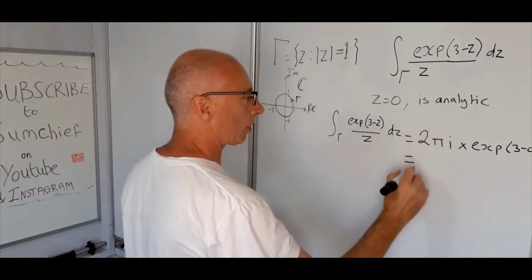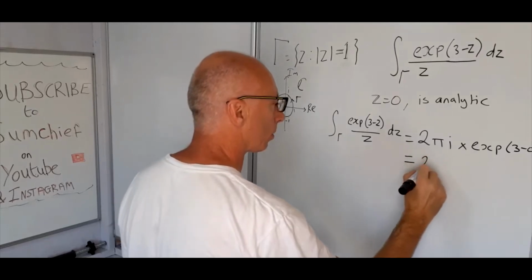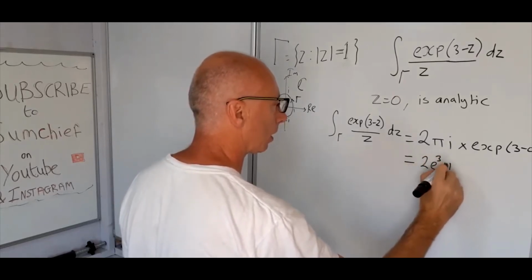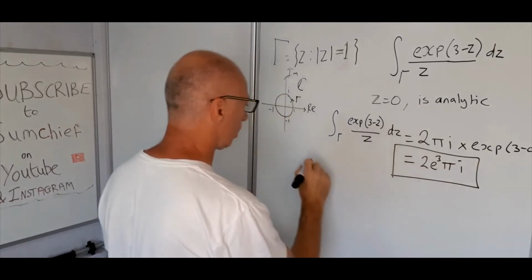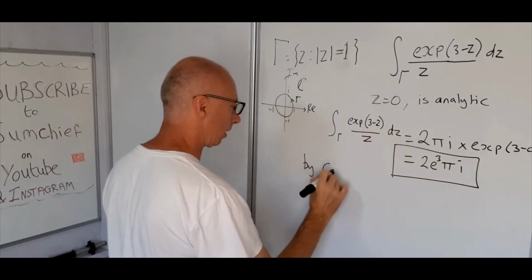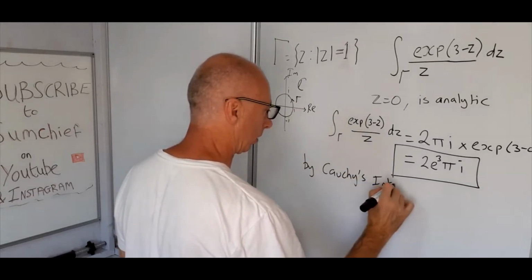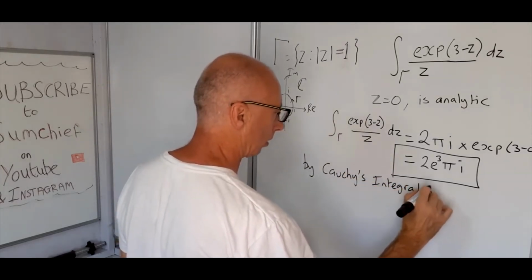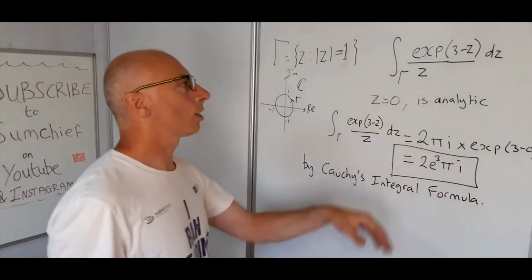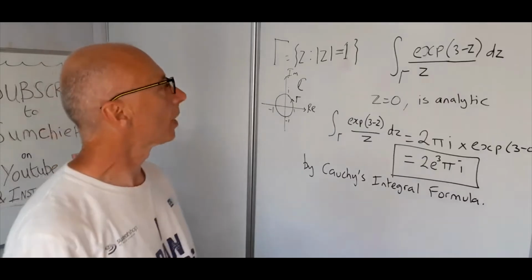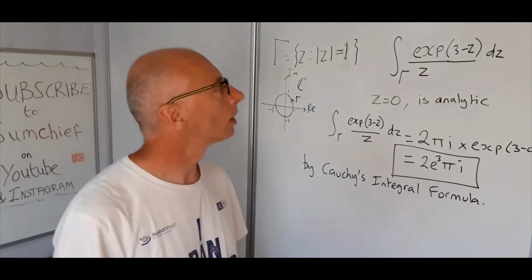Then all we're left with is 2 pi i e to the 3, so 2 e to the 3 pi i. By Cauchy's integral formula, that is the solution to this integral. That's a nice way of doing an integral without actually doing any integration at all.